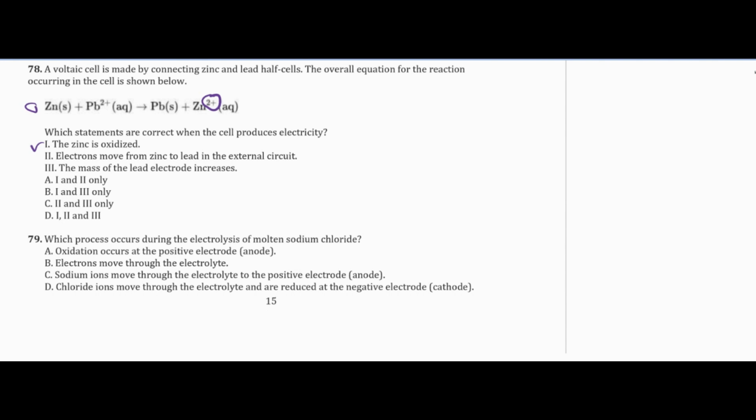Yes, they do. Because the zinc is oxidized, it's losing electrons. They're moving to the lead, which is being reduced from lead 2+ to the lead atom. And that does happen in the external circuit in the wire. The mass of the lead electrode increases. Yes, it does. So then that's D. 78D.